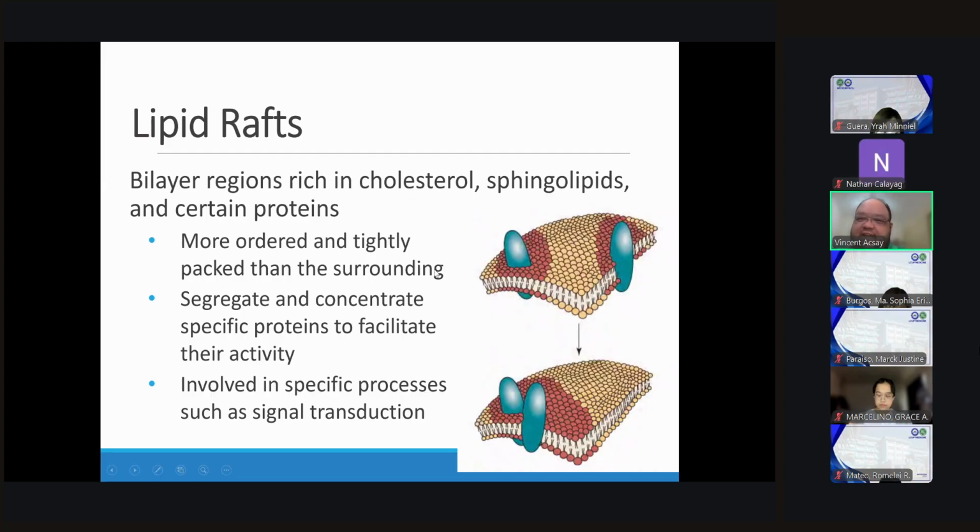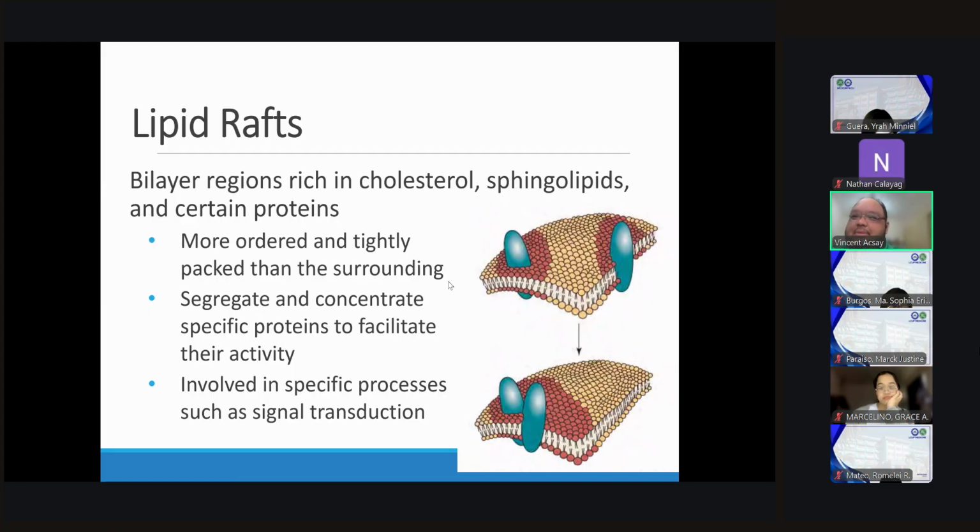So in a sense, a lipid raft is an entire family in that Chinese swimming pool that always has to move as a unit. One of them cannot be lost, because they are tightly bound by your cholesterol and your sphingolipids. They aim to segregate and concentrate certain proteins to facilitate their activity.